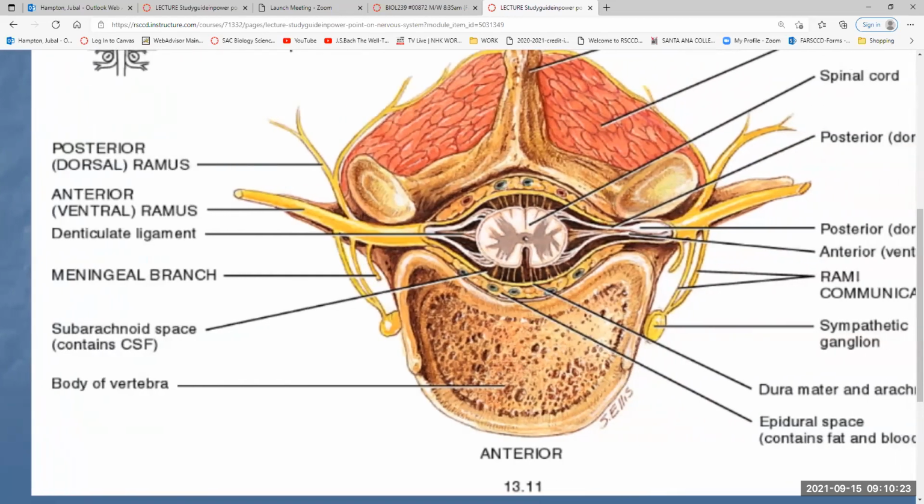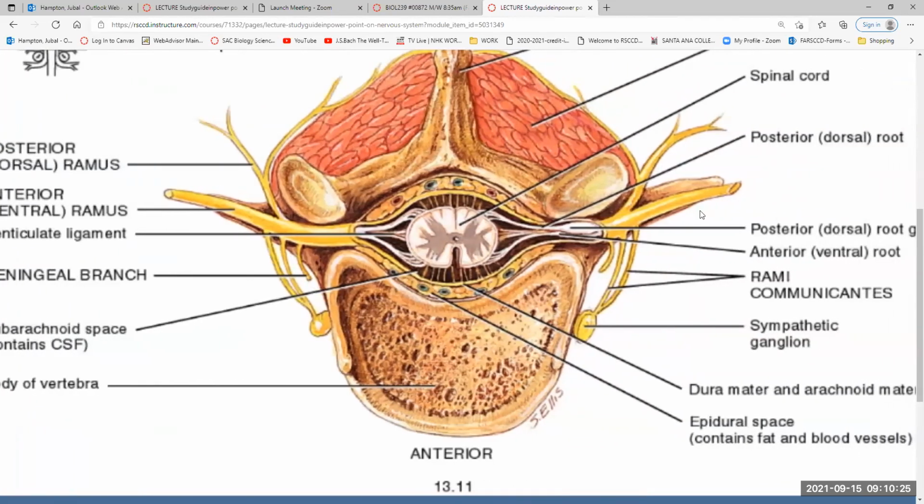Here, we have fibers called the rami communicantes. Rami communicantes attach a secondary cord to your primary cord in function. These are part of the autonomic nervous system.